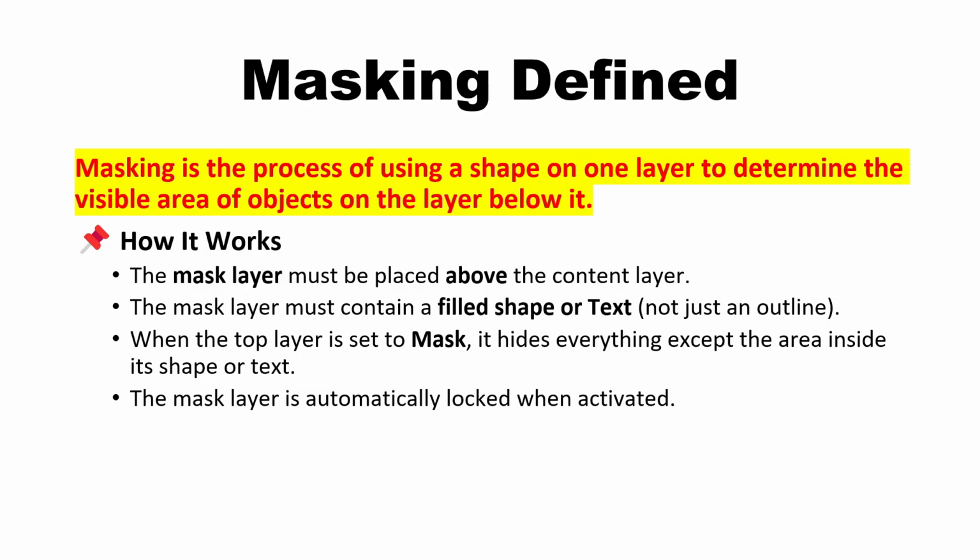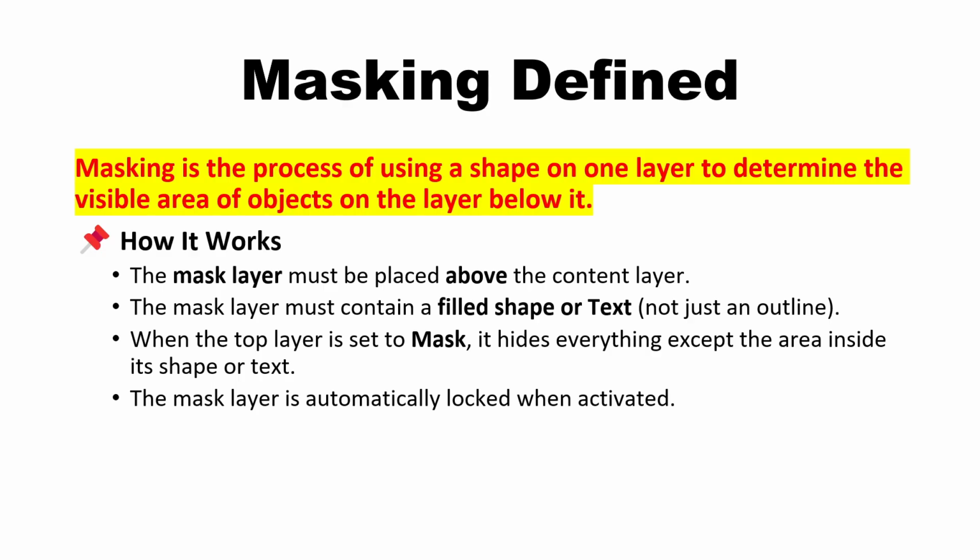Masking basically is a process of using a shape on one layer to display what is visible on another layer. So to create a mask, first of all, the mask layer must be placed above the content you want to show. And then the mask layer must contain either a shape or a text, not just an outline.